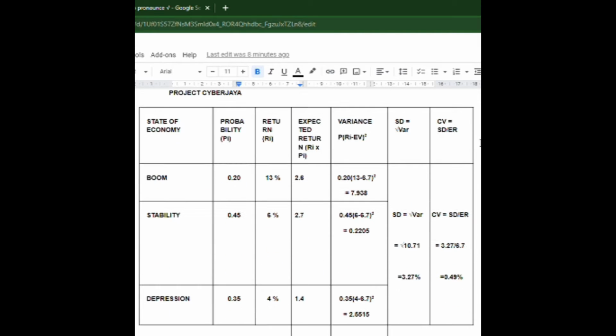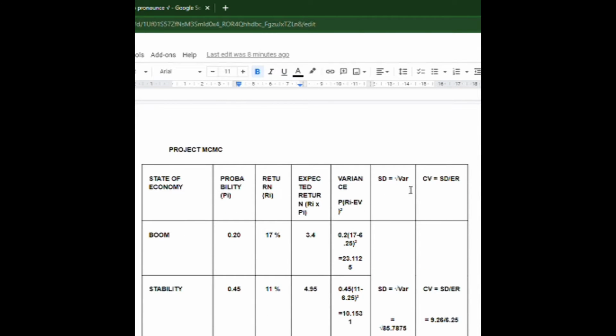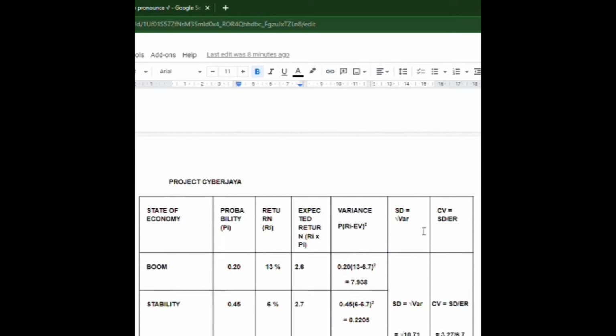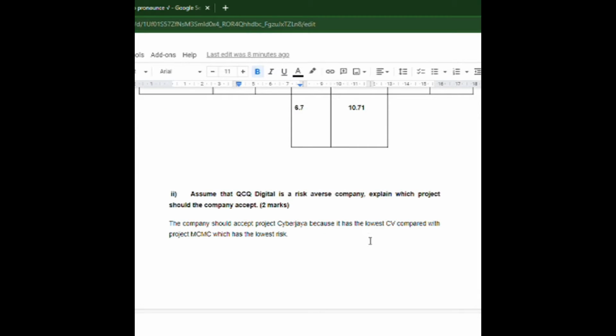If the CV has the lowest value, that is the project you should choose. Project Cyberjaya, the CV is 0.49. MCMC, the CV is 1.48. So we just go for project Cyberjaya because it has the lower CV.